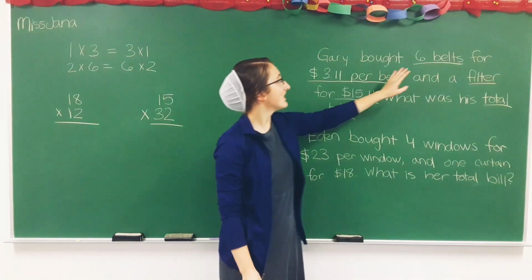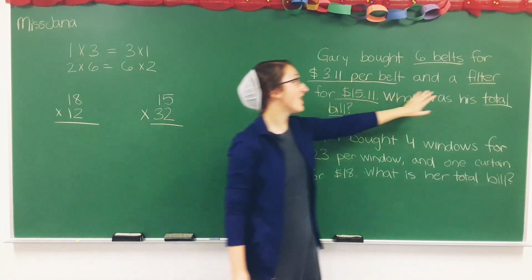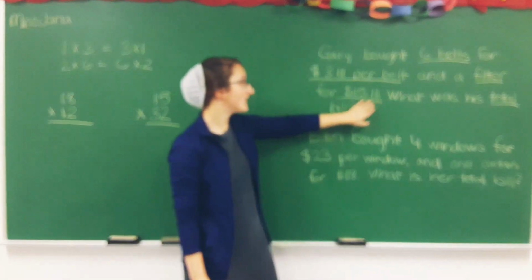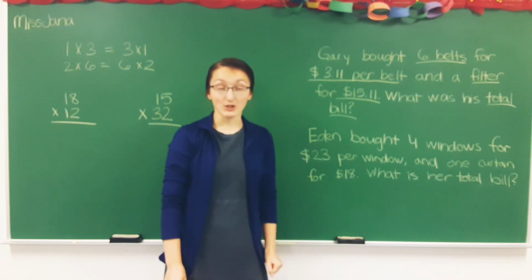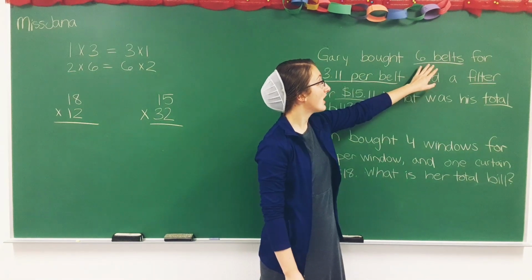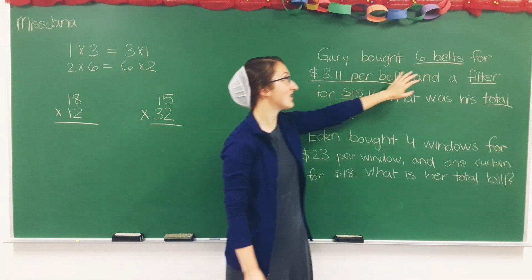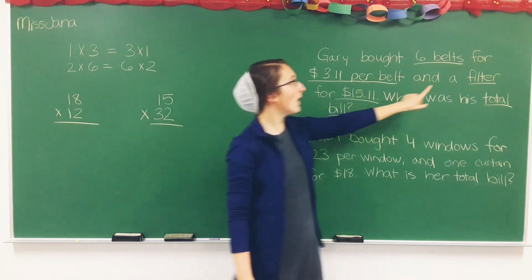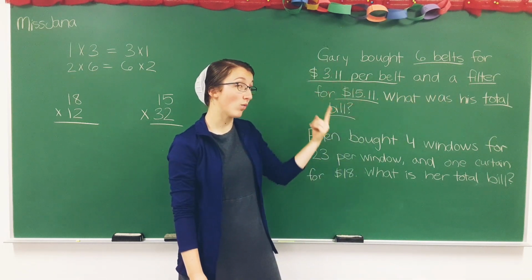First of all, we have 6 belts for $3.11 per belt, and then 1 filter for $15.11. So the first step we need to do is figure out how much 6 belts for $3.11 is. We know how much 1 filter costs, $15.11, and we only bought 1.